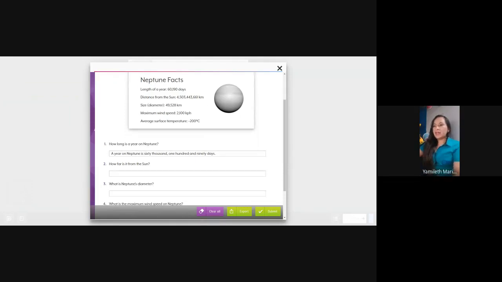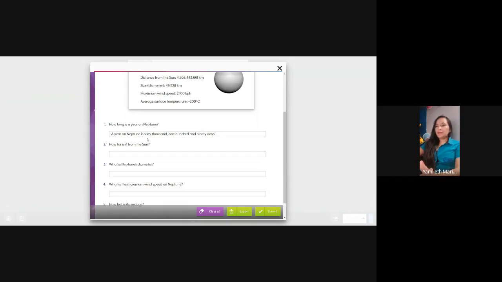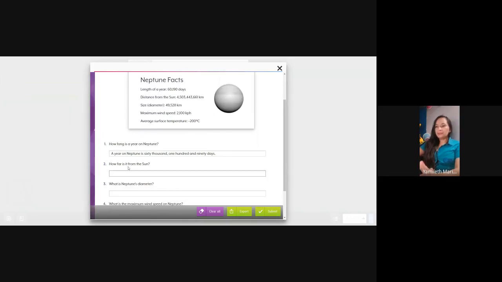Size, diameter, 49,528 kilometers. Maximum wind speed, 2,100 kilometers per hour. And the last, average surface temperature, minus 200 degrees Celsius.